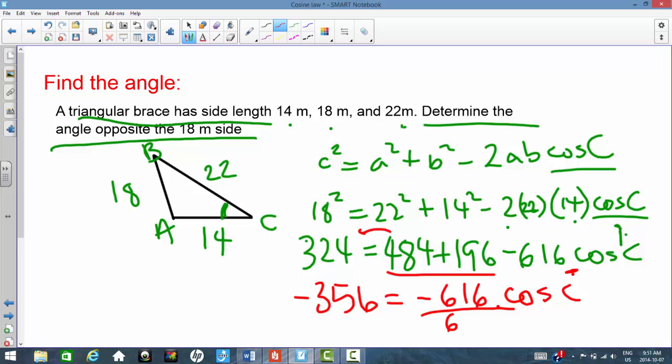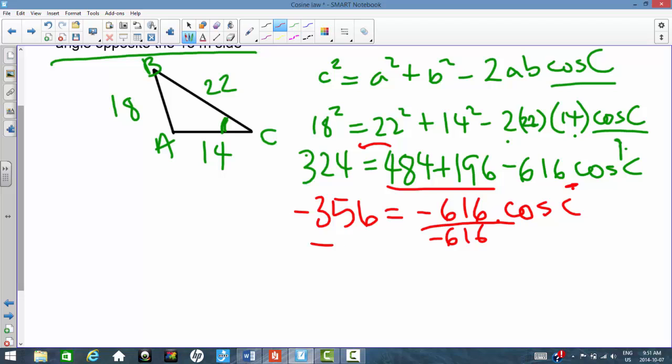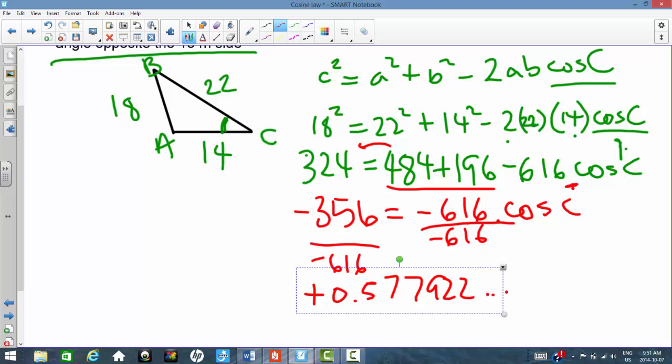So I divide by negative 616, and I do the same thing on this side. So 356 divided by 616 is positive, because they're both negative, 0.577922, etc. And that equals cos C.